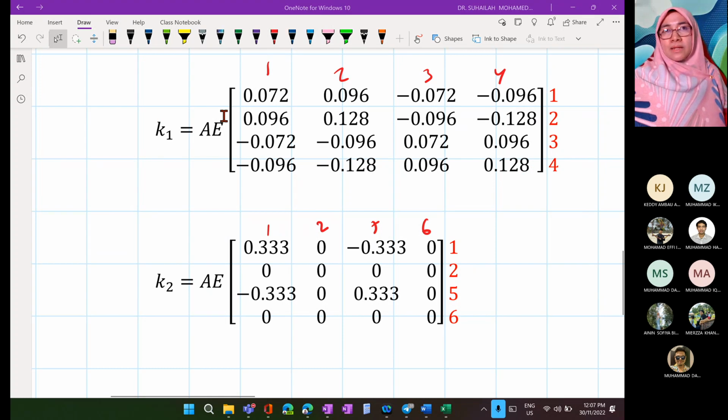We will have 6 by 6, means that we have the value for 1, 1, 1, 2, 1, 3, 1, 4, 1, 5, 1, 6 until 6, 6. It is symmetry matrix. So we have to combine this K1 and K2 to produce 6 by 6 matrix. So we will use capital K to represent the structure stiffness matrix.